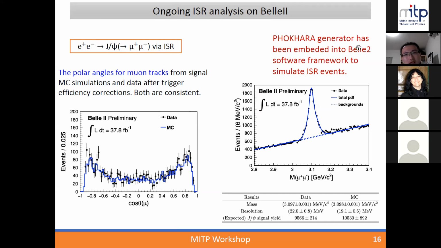Here we use the PHOKHARA generator, and the polar angles of the mu tracks from the simulated signal events and the data after efficiency corrections are shown in the bottom left plot. You can see they are in good agreement, which validates the generator performance. The red plot is the invariant mass of the mu pairs with an integrated luminosity of 33.8 inverse femtobarn.